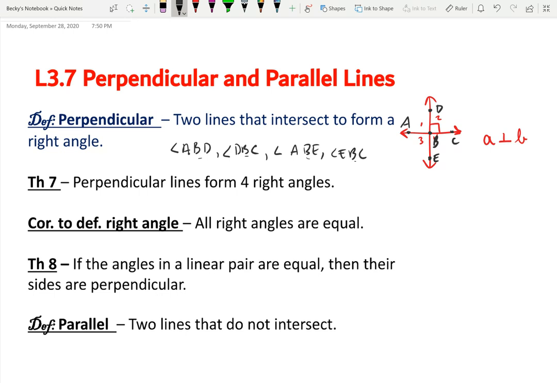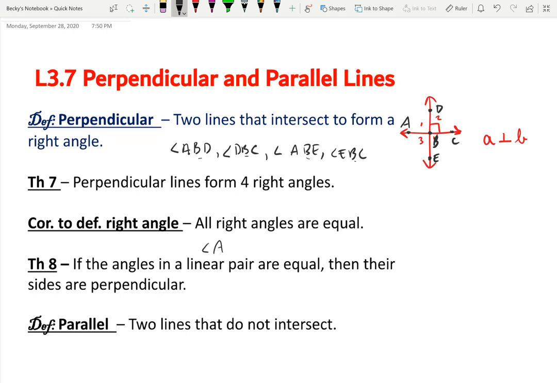Now, again, next chapter, we're really going to dig into these proofs and this will all kind of come together. But if I needed to justify why all of these were equal to each other, I know right angles are 90 degrees, but then I would have to justify that all of them are equal.